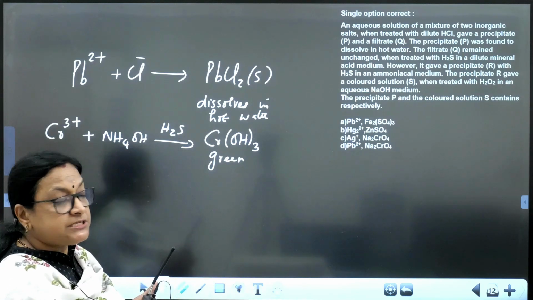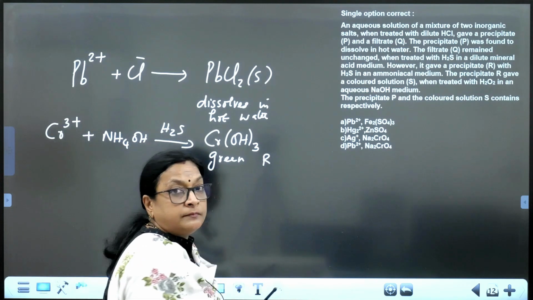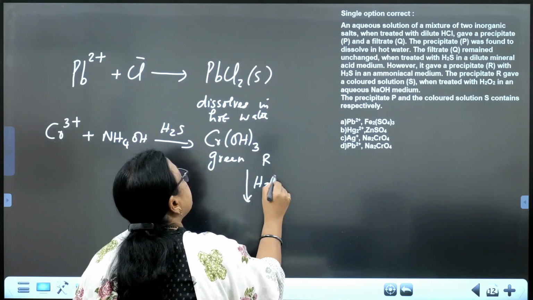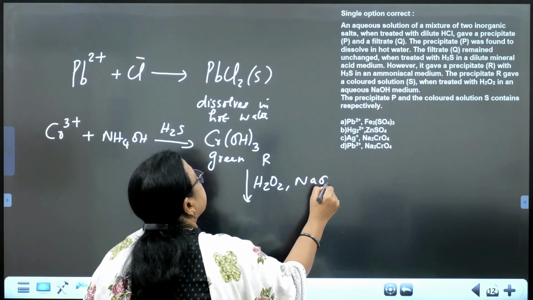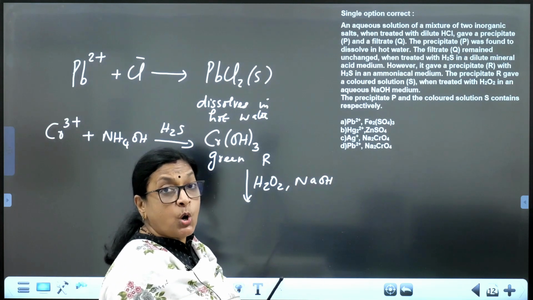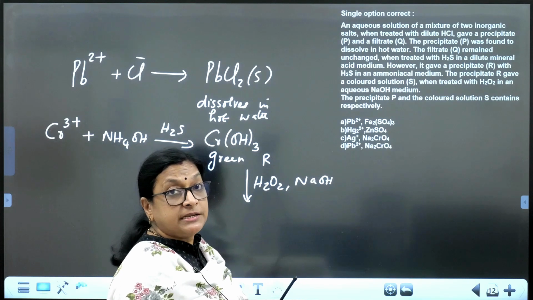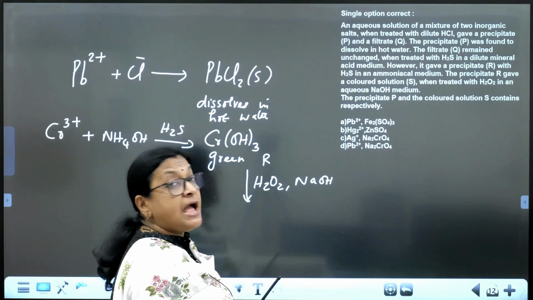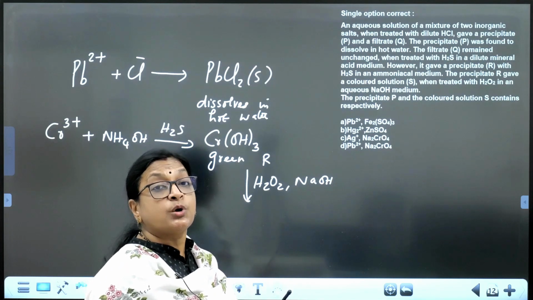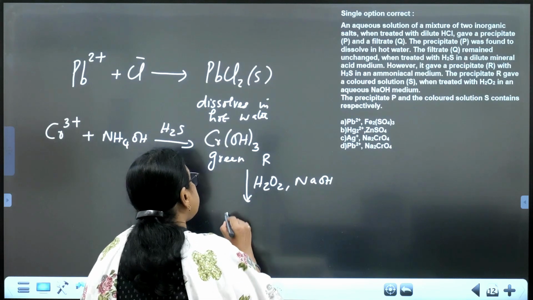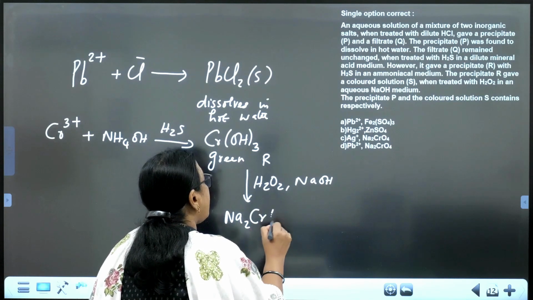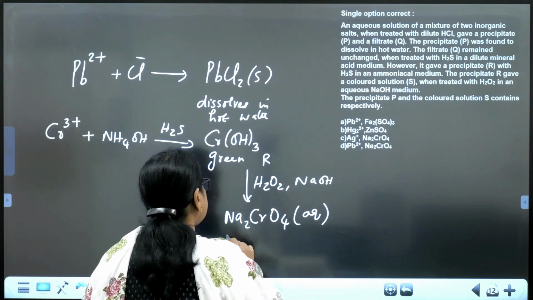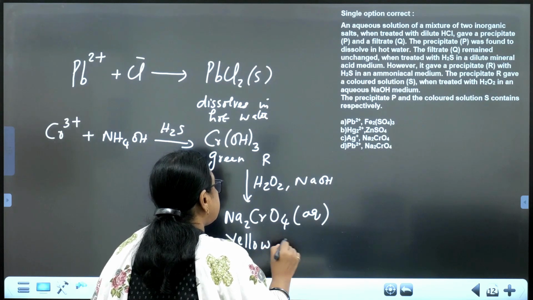This is the precipitate R. Now when this is treated with H2O2 in alkaline medium, Cr3+ is oxidized by hydrogen peroxide to chromium +6, and in alkaline medium it exists as chromate. So the compound must be Na2CrO4, which is water soluble and a yellow colored solution.